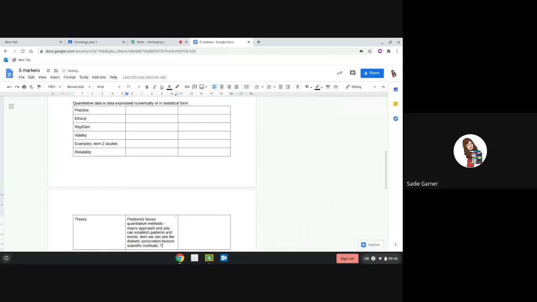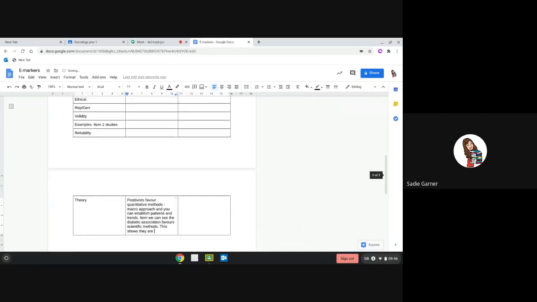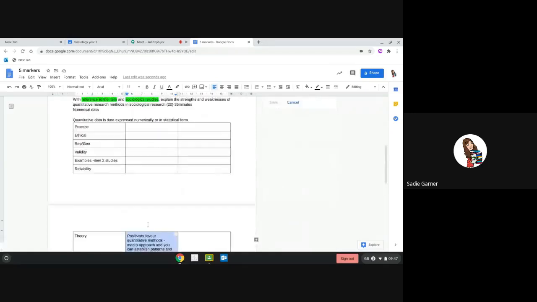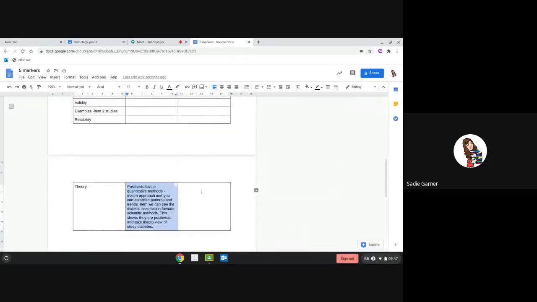This shows they are positivist, and take a macro view of studying diabetes. So I think, well, positivists favour quantitative methods. Use of the item there. Oh, however, this is my however side.